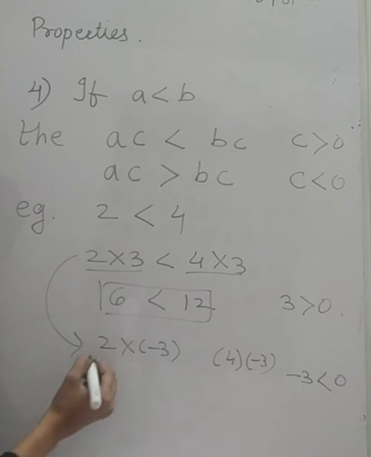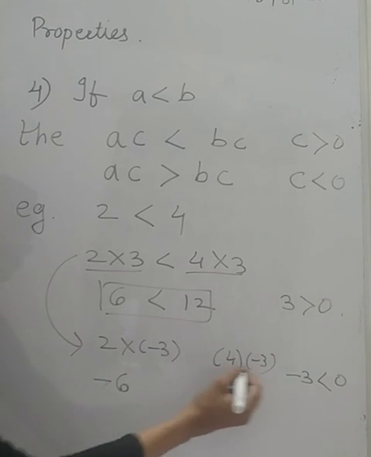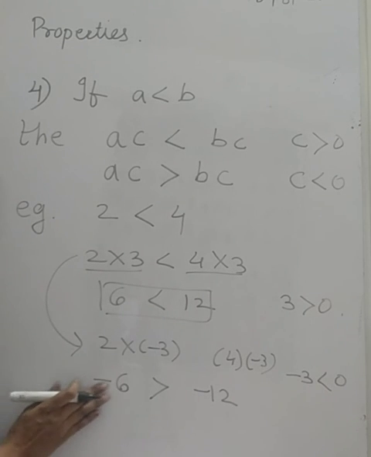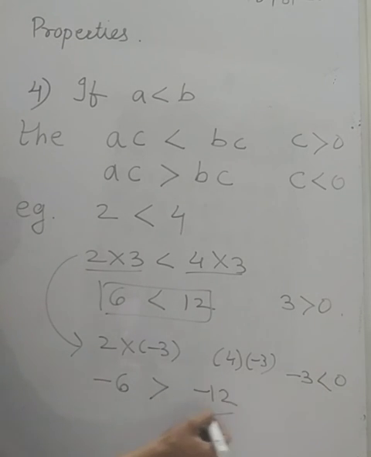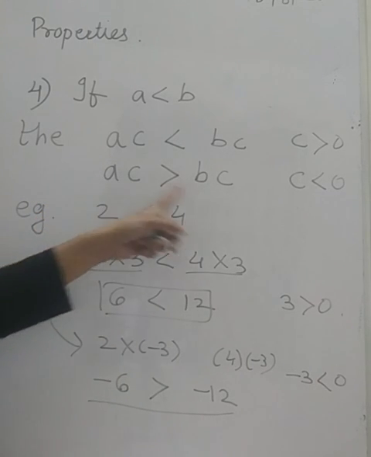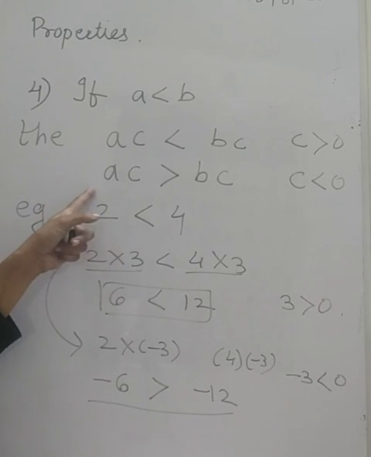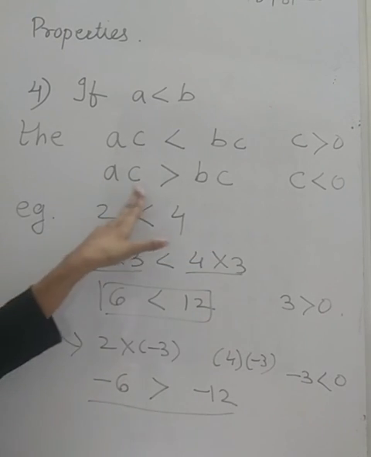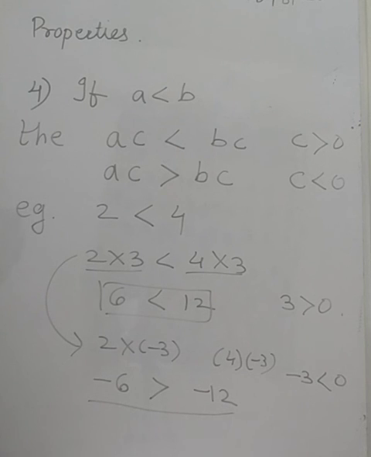So this product will be minus 6 and this product will be minus 12, and minus 6 is always greater than minus 12, which is again true. So this property is about multiplication, and if C is negative, then AC will be greater. Again pause the video, write down this fourth property with the example.